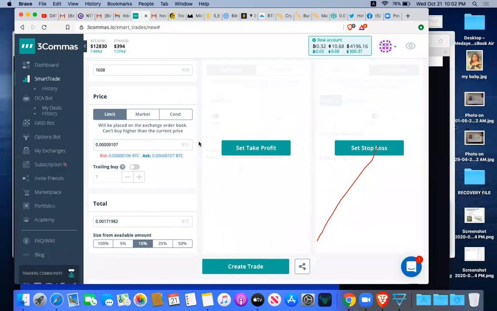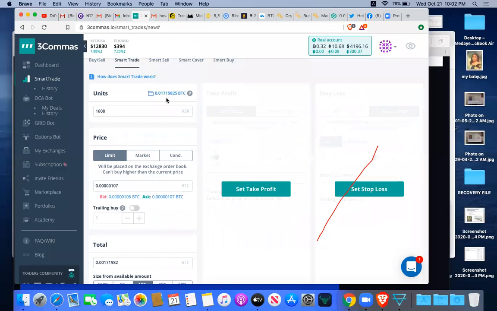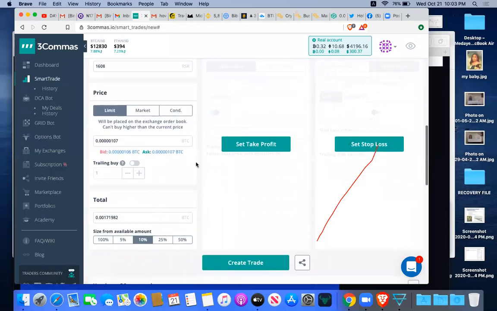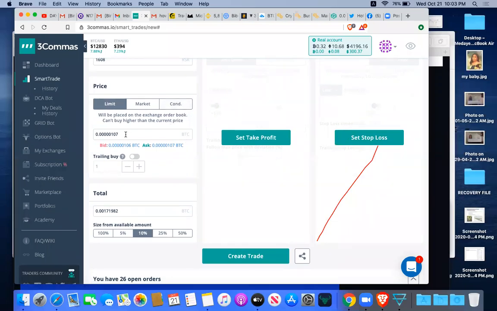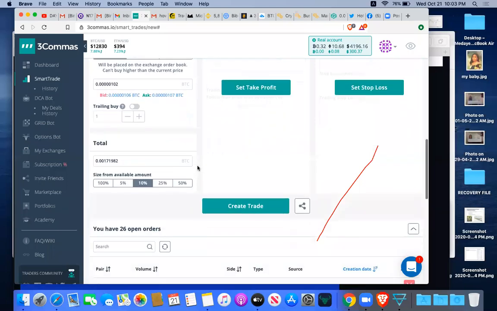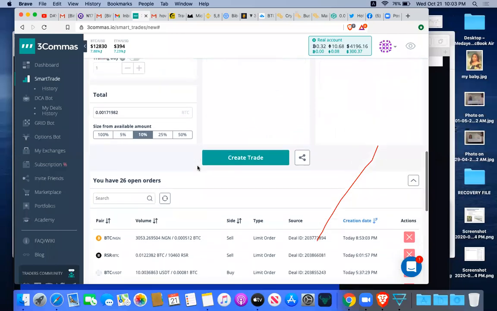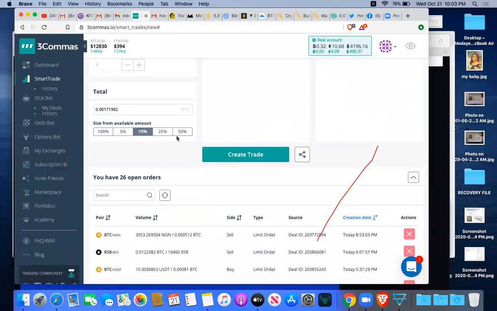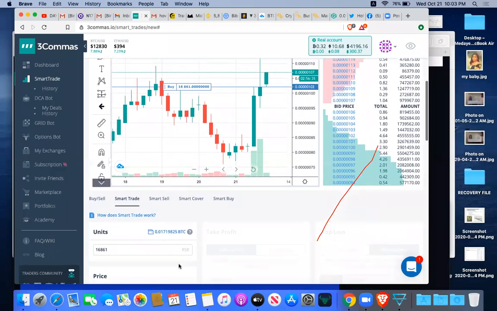So now I want to buy RSR. If I want to buy RSR, the whole money is what it's going to collect. So I come down. How much is one RSR now? 107 Satoshi. So I may say I want to buy at 102. Is it my whole money? What is actually showing is 10% of my money. If I'm using my whole money, 100%, look at how many RSR to buy.